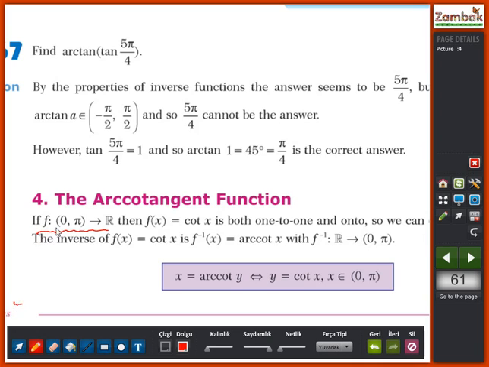If we limit the domain of the function, it will be a one-to-one function, so it will have an inverse. This is our function, and this is the inverse of our function. The domain of our function is between 0 and pi, so it will be the range of the inverse function arccotangent, the value x, which is between 0 and pi.